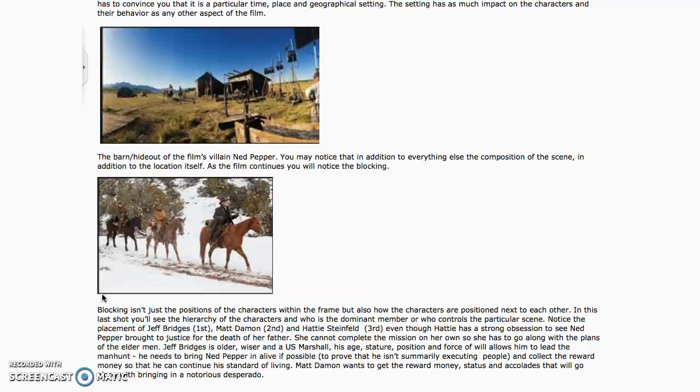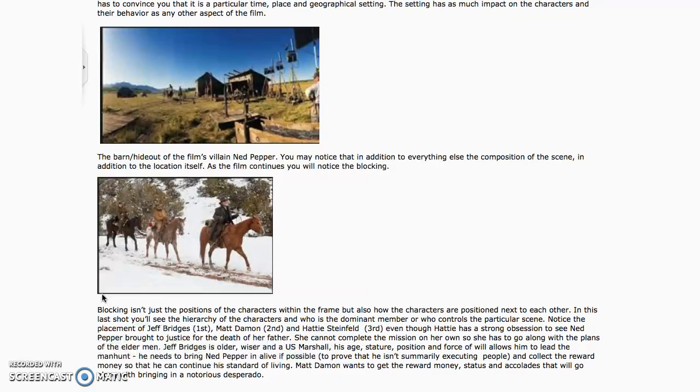He is going to do what needs to be done regardless. He needs to bring Ned Pepper in alive, if possible, to prove that he isn't summarily executing people. In fact, that's one of the arguments, that he is too willing to place a bullet in someone in order to bring them to justice. And so he has that kind of taint on him.